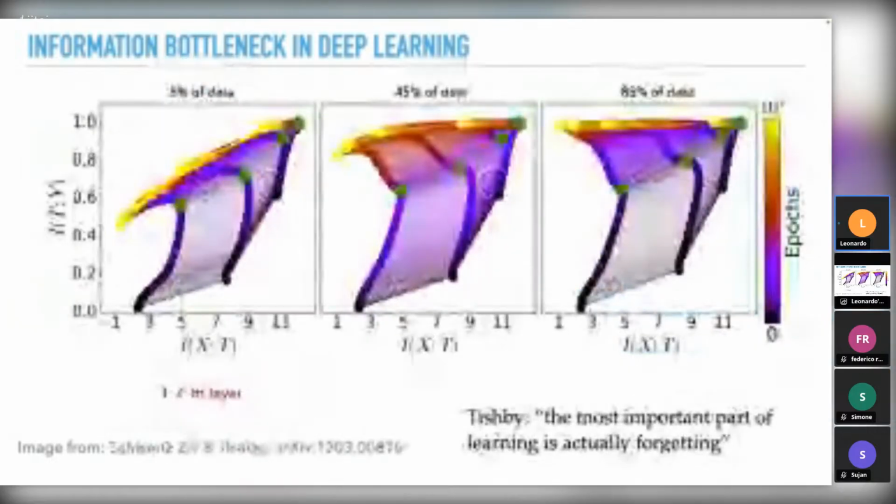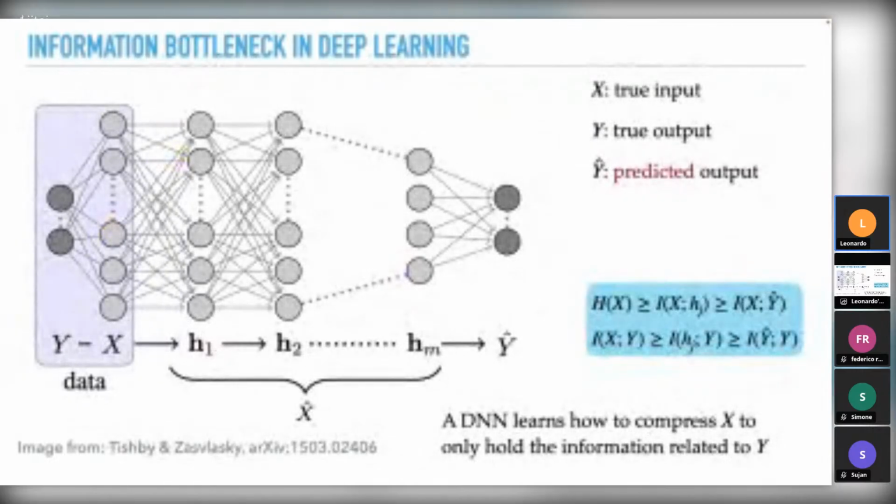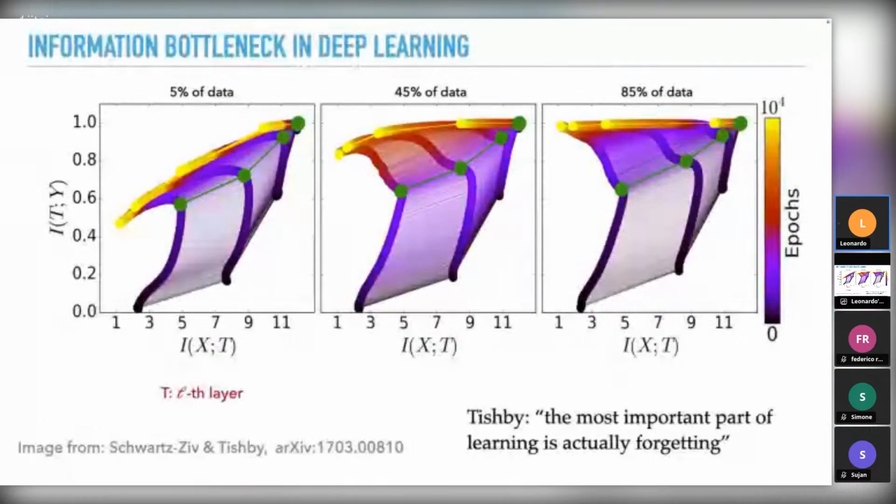Now you see that we have two quantities: the mutual information between the T layer and the X, and the mutual information between the Y prediction and the true Y. Let's see what happens if you now train the neural network and plot these two quantities over time. That's exactly what they did, for instance, in this paper. Here you can see the result for the mutual information between X, which is your image, and T, some layer.